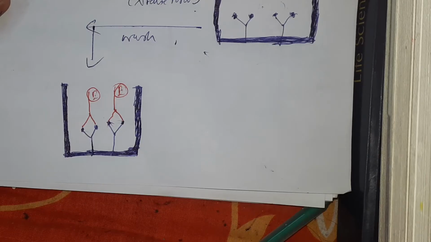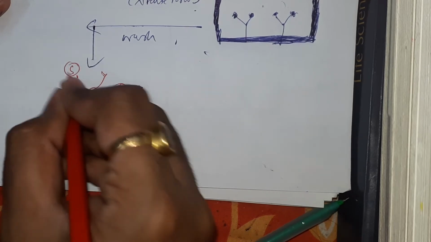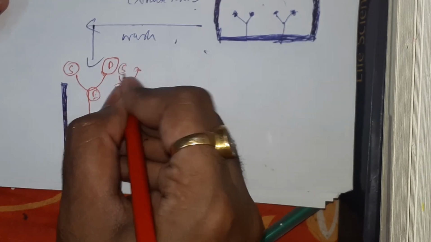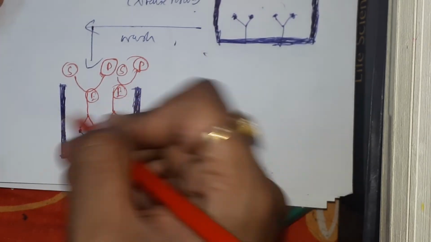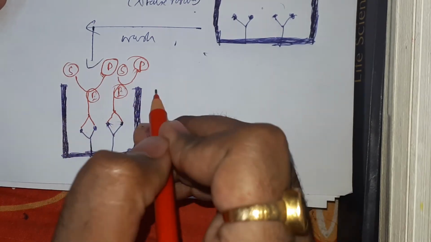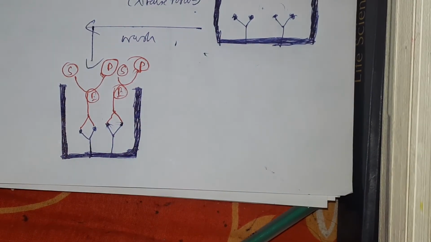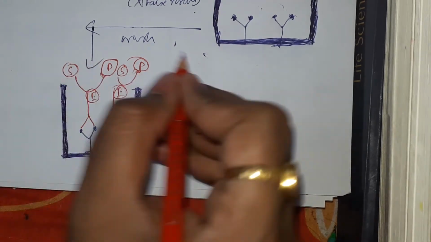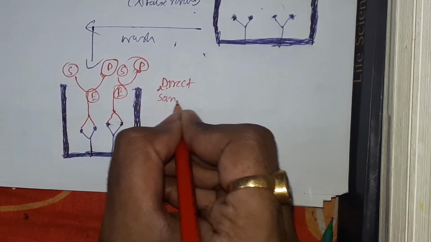Then we add some colorless substrate that in the presence of the enzyme is converted into a colorful product. As usual, the intensity of the color is measured, and this measurement gives us an idea about our target antigen. Up to this step the sandwich ELISA is termed direct sandwich ELISA.